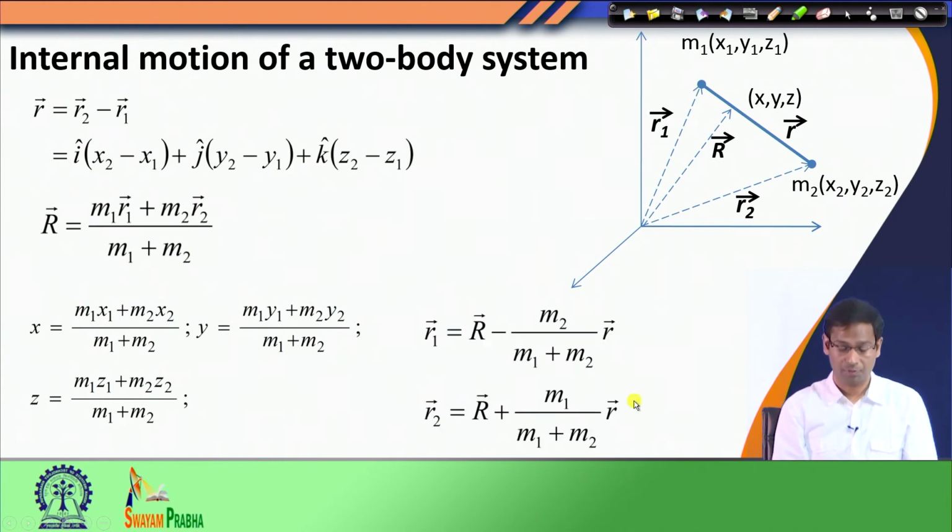Alternatively, I started defining my problem in terms of two bodies with two vectors r1 and r2. Now, I have defined two other vectors, capital R and small r. The capital R is the position vector corresponding to the center of mass of the system, and the small r vector is the distance between m1 and m2, the vector representing the distance between m1 and m2.